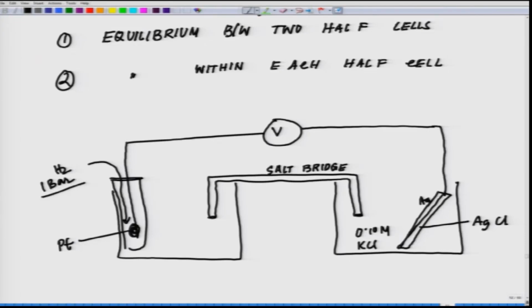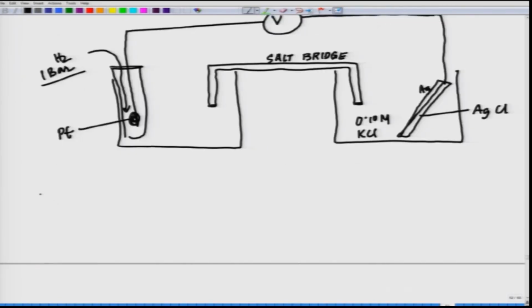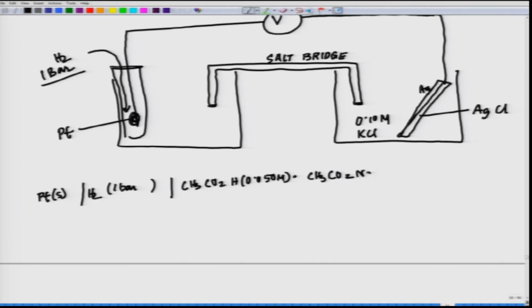right. And on this side, if I put the cell reaction, this is platinum solid, hydrogen at 1 bar, and this is balancing with CH3CO2H 0.050 mole multiplied by CH3CO2Na with 0.005 mole.